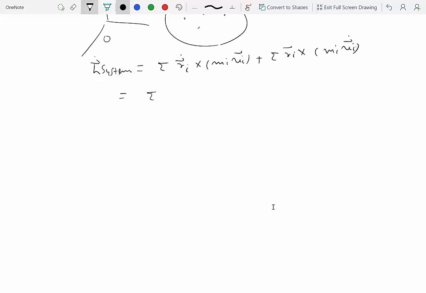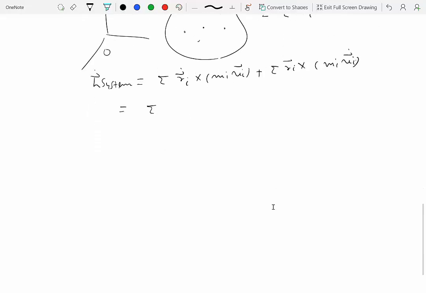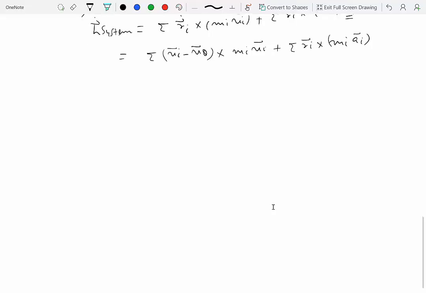Sigma R dot i is the velocity of the particle Pi with respect to Q. So this would be sigma (Vi minus Vq) cross Mi Vi plus sigma Ri cross, and this is nothing but the acceleration, so that's Mi times the acceleration of particle i. So what do we get? Vi cross Vi cancels, so we get minus, and Vq is not part of the indices, so we can take Vq outside. This becomes minus Vq cross sigma Mi Vi plus sigma Ri cross Mi Ai.